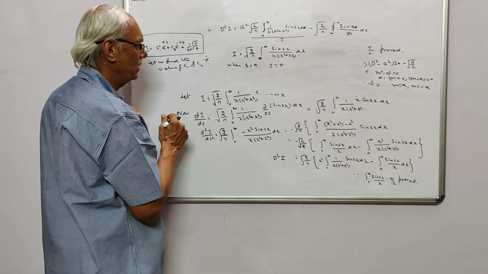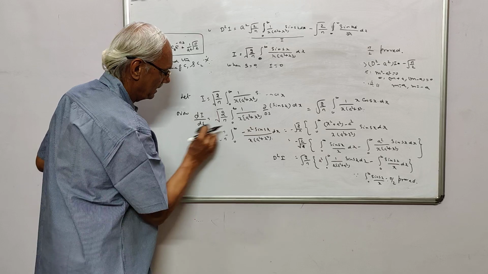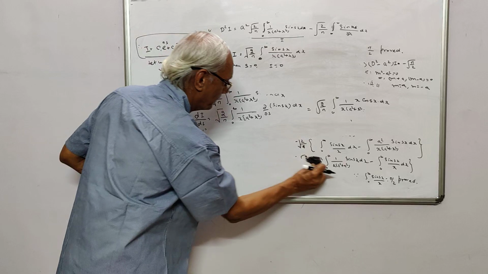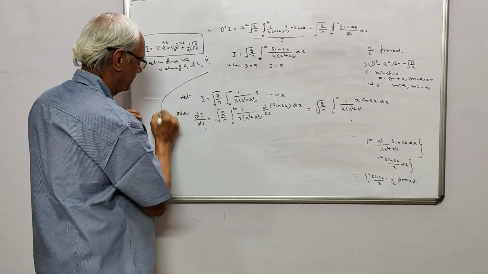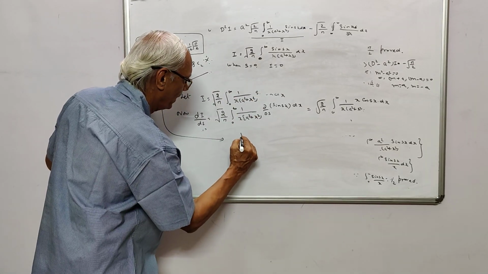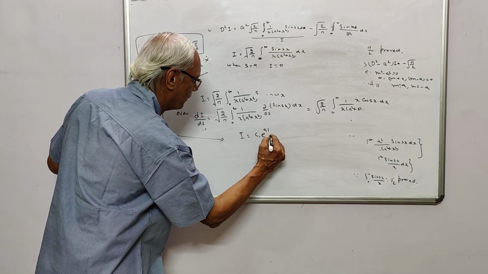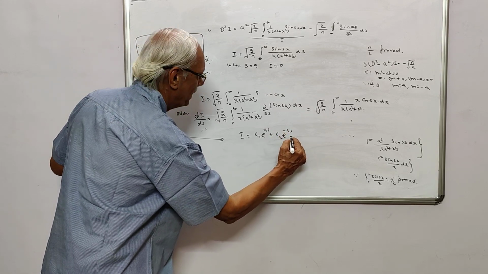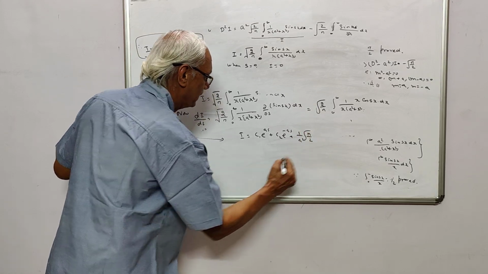So what is it that you will do now here? I will rub off this and write here. So when s is equal to 0, what will you put? Now we have got I is equal to C1 e to the power of a s plus C2 e to the power of minus a s plus 1 by a squared into square root of pi by 2.